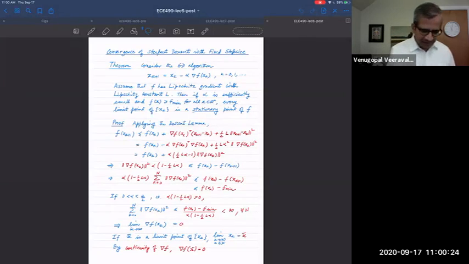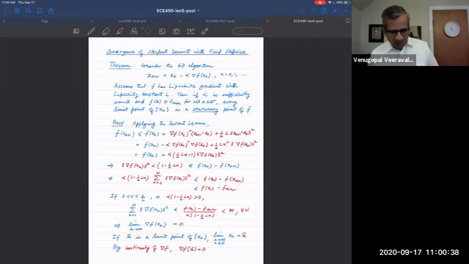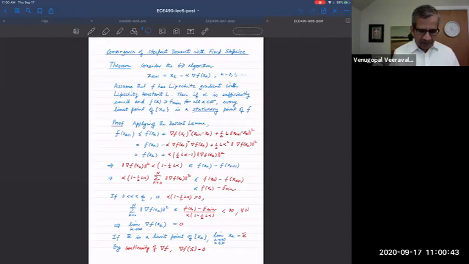Okay, I guess it's time to get started. So let's briefly review the last couple of lectures so we know where we're going. When we talked about convergence of iterative algorithms for minimization, or optimization more generally, we first didn't impose any conditions on the function other than that it's lower bounded and a minimum exists.